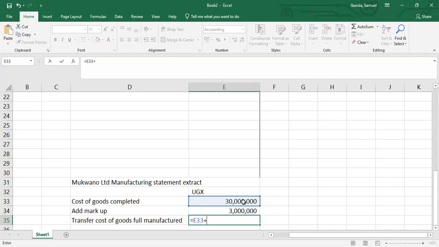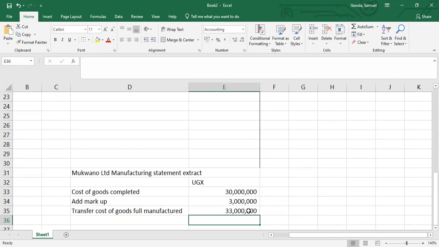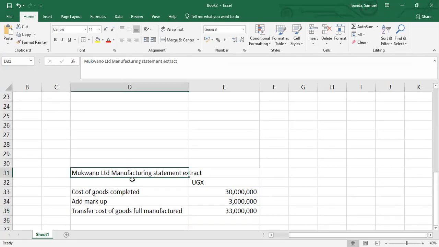This plus that gives me 33 million. So basically, this is what the examiner needed. Every time they ask you to draw an extract, it means you don't need to put all the other information above. In this case, the information they gave us is very limited. They only gave us the cost of goods completed.